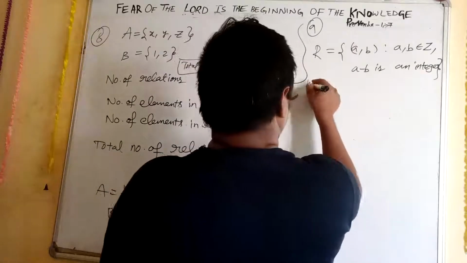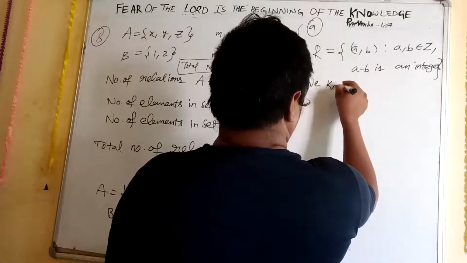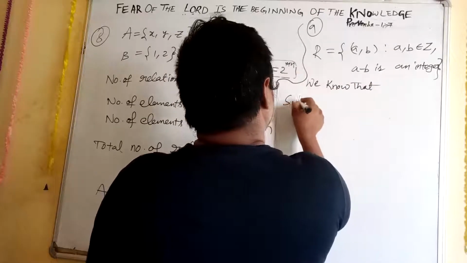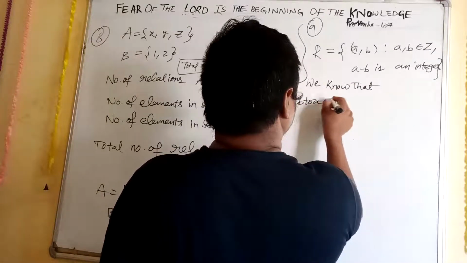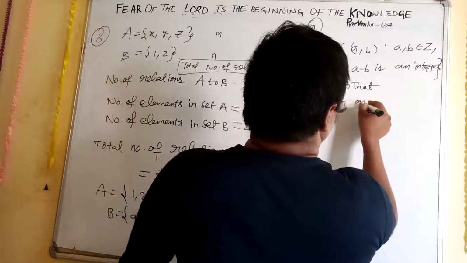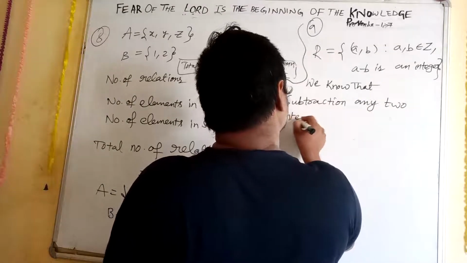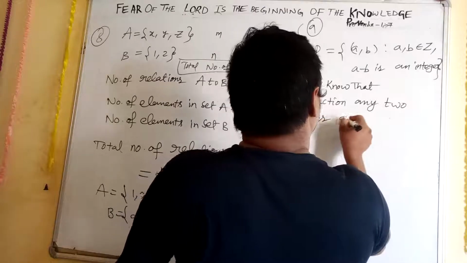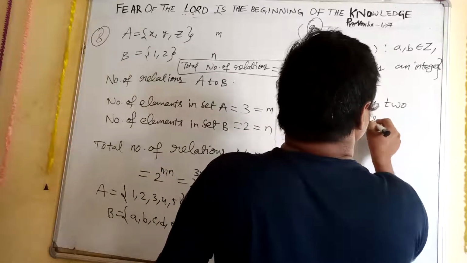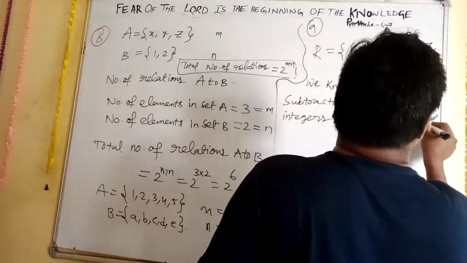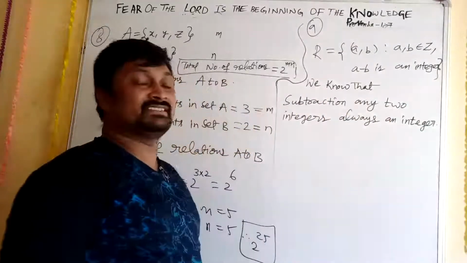So remember, we know that subtraction of any two integers is always an integer.